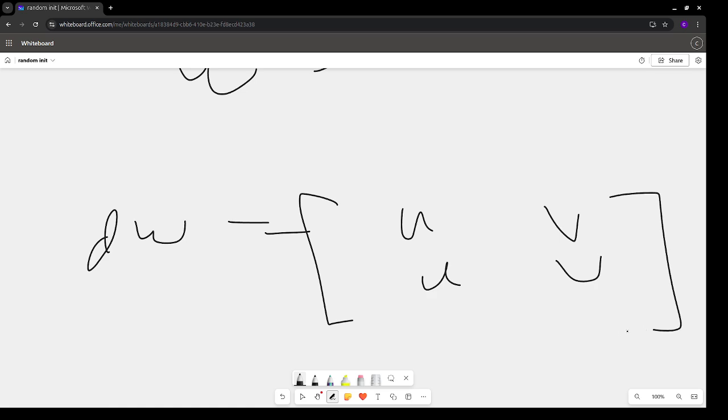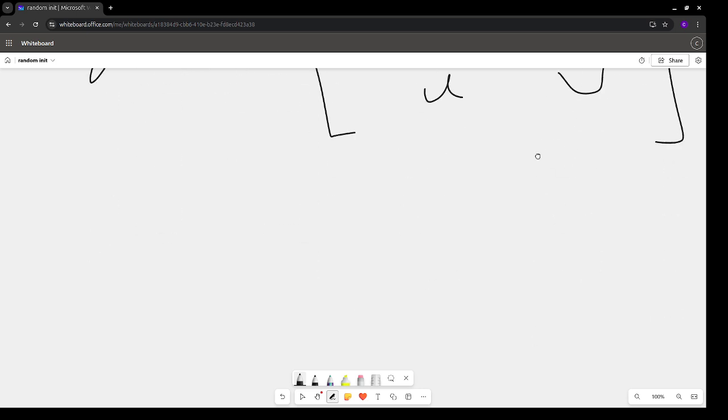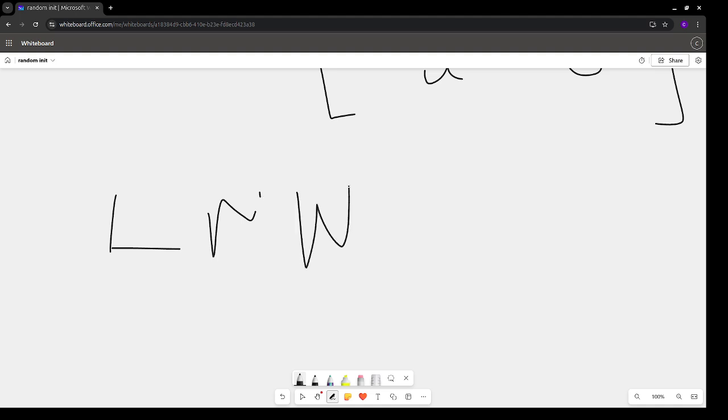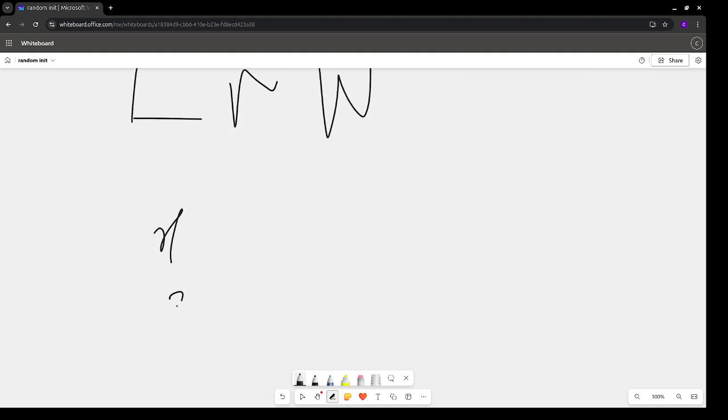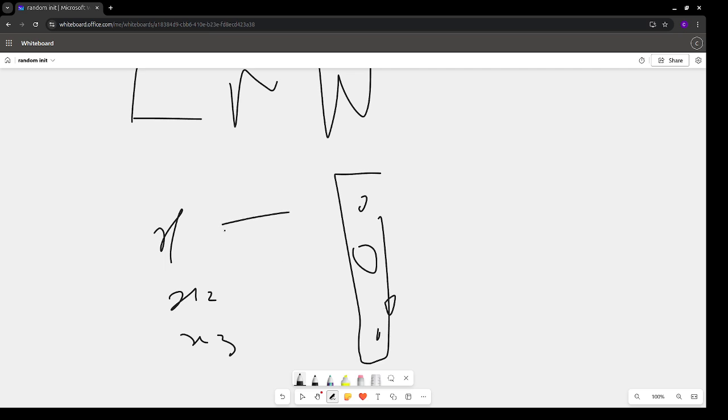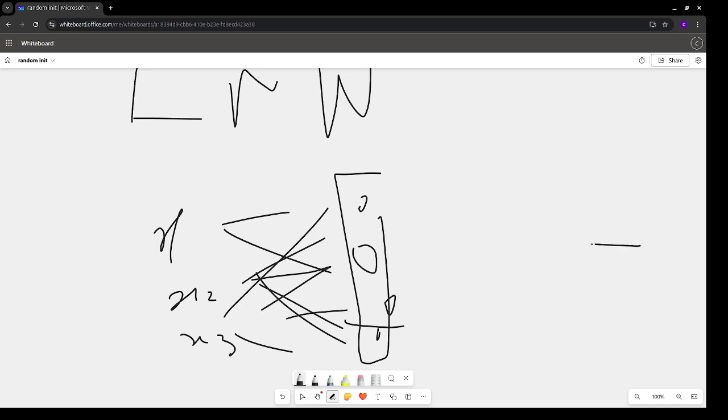Then we're going to look at this for a larger neural network. Let's suppose this is a larger neural network where there are a lot of things here, a lot of connections, and that's how it works.